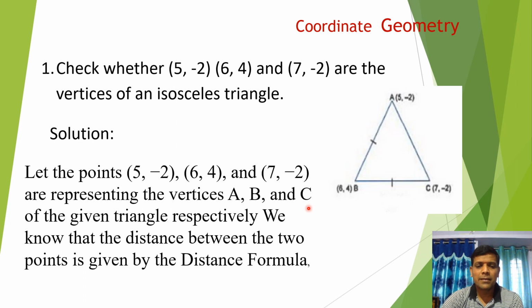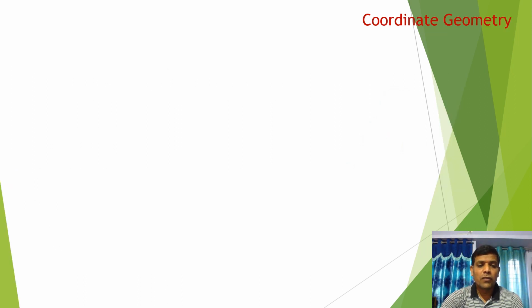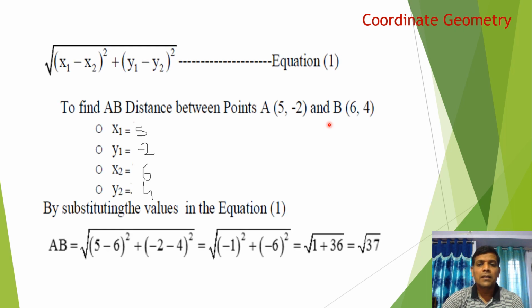We know that the distance between 2 points is given by the distance formula: square root of (x1 minus x2) whole square plus (y1 minus y2) whole square. This is the given distance formula.